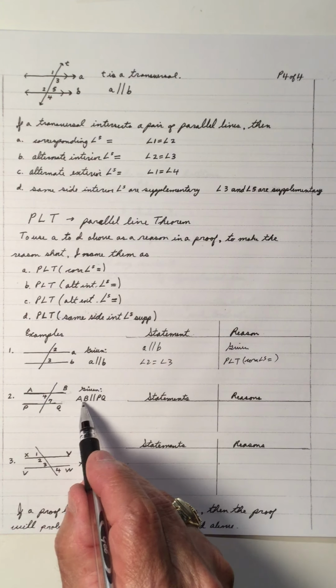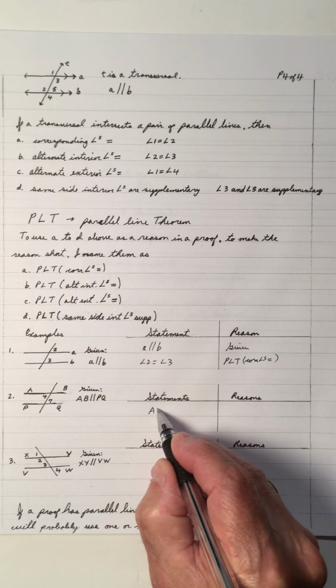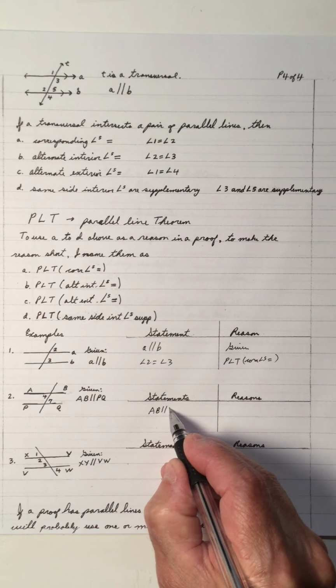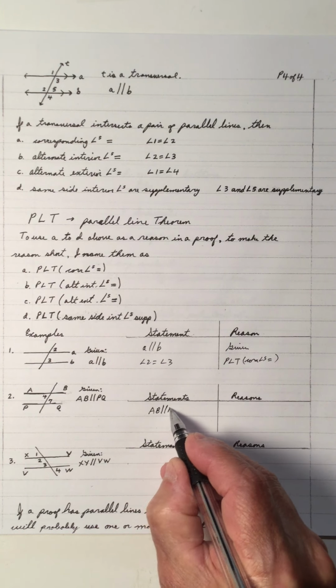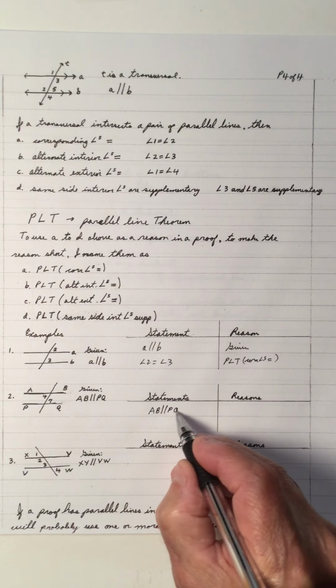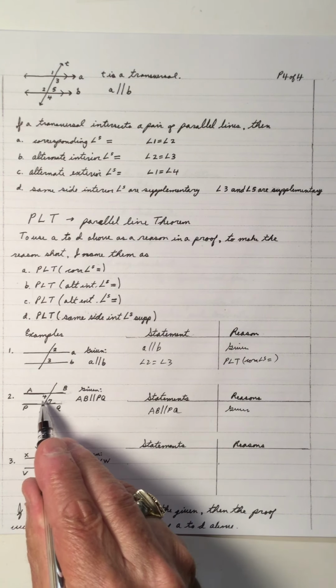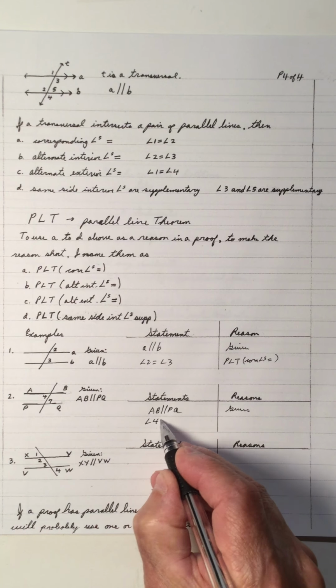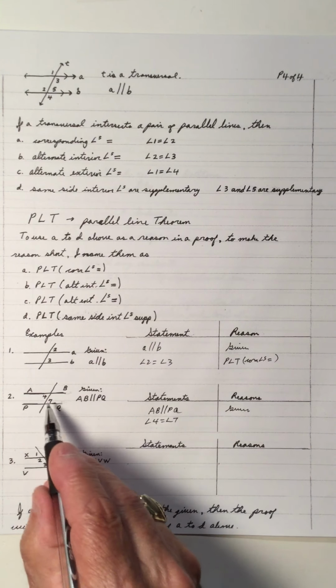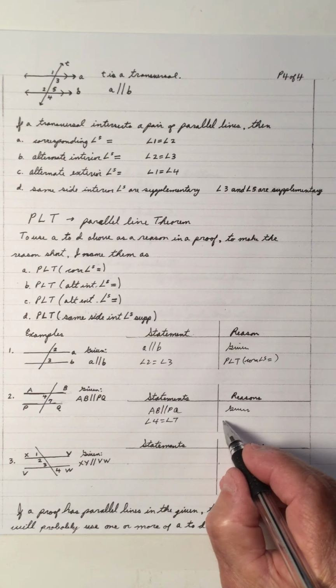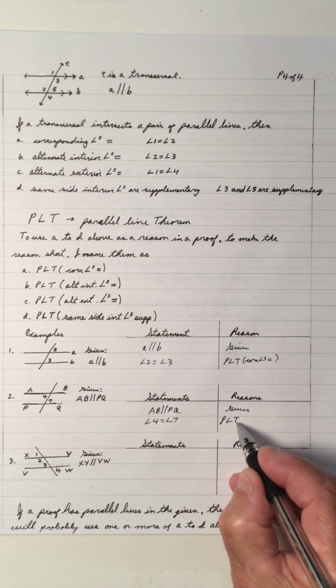Number 2, if you have AB parallel to PQ, and that's a given, then we have angle 4 equals angle 7. And angle 4 and angle 7 are, what's the reason?